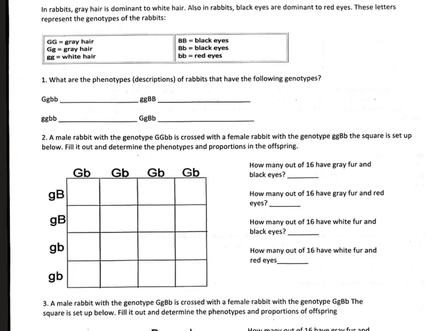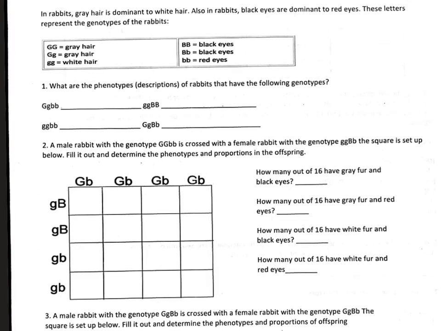What are the phenotypes of the rabbits described here? The following genotypes, right? So how would you describe this? You would describe it with gray hair and having black eyes. It's red. Oh, thank you.